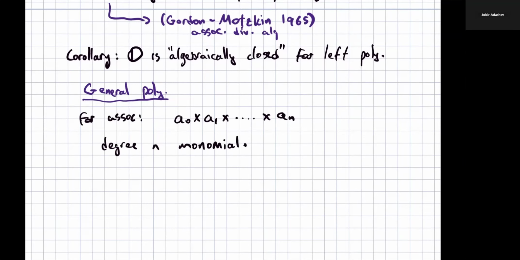But for a non-associative algebra, we need to basically take any two parts of this monomial and wrap them in parentheses. So we have quite a lot of different monomials for a non-associative algebra. This is not a very formal discussion of these polynomials, but I hope you realize what I mean by all of this. There's a lot of ways to add parentheses.